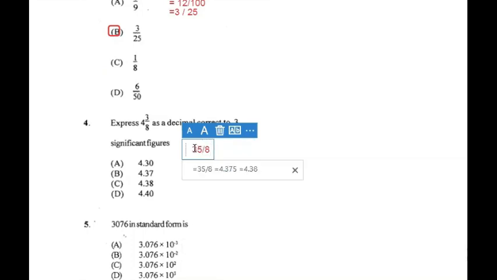Then we'll do our division to get 4.375, and we'll put this to 3 significant figures. The 3 significant figures necessary would be 4, 3 and 7. As we know, if the number after the last digit is 5 or greater, then we add 1 to the last digit, so we get 4.38. So our answer here is C.